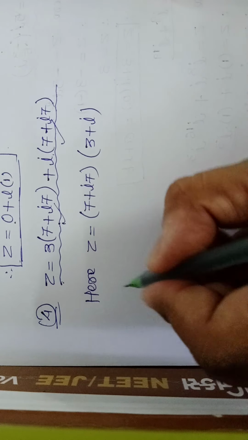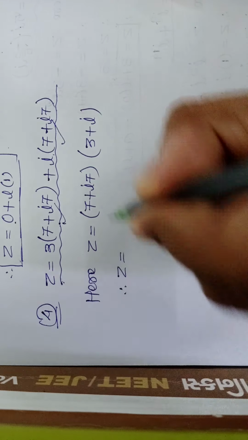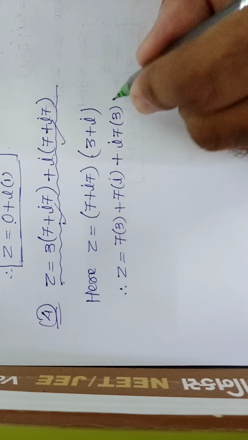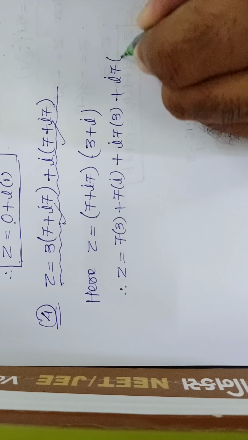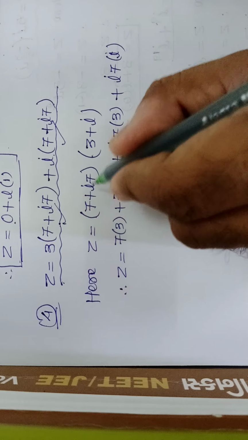It means you have to multiply this now. Finally, Z is equal to 7 into 3 plus 7 into I, this 7 is multiplied, plus I7 into 3 plus I7 into I, right?